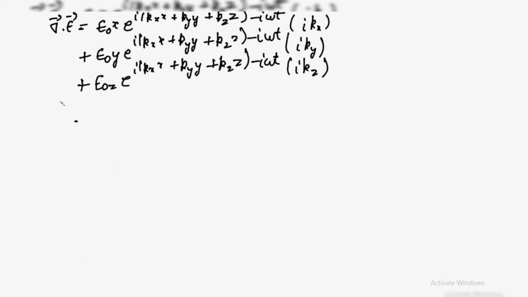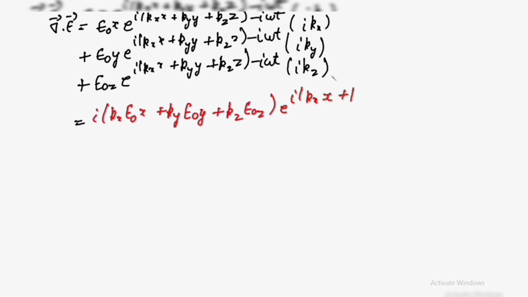So in the next step, we separate out i. So i(kx E naught x + ky E naught y + kz E naught z) exponential i(kx x + ky y + kz z - omega t).